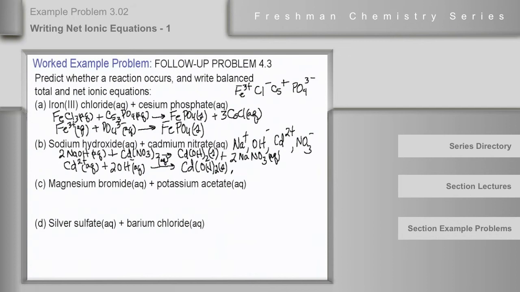And that would be the net ionic equation. So the sodium ions and the nitrate ions would of course be spectator ions.